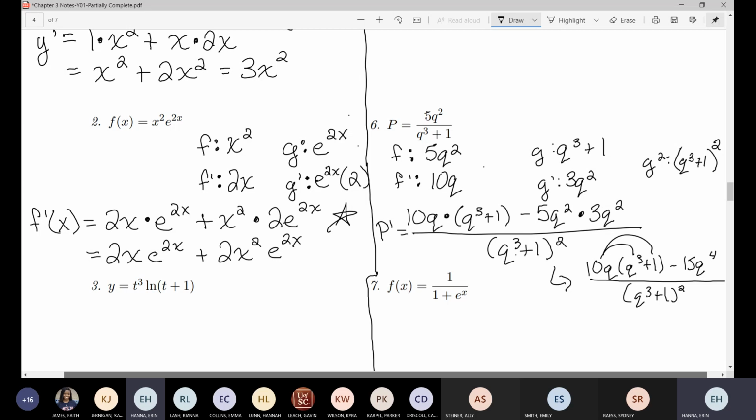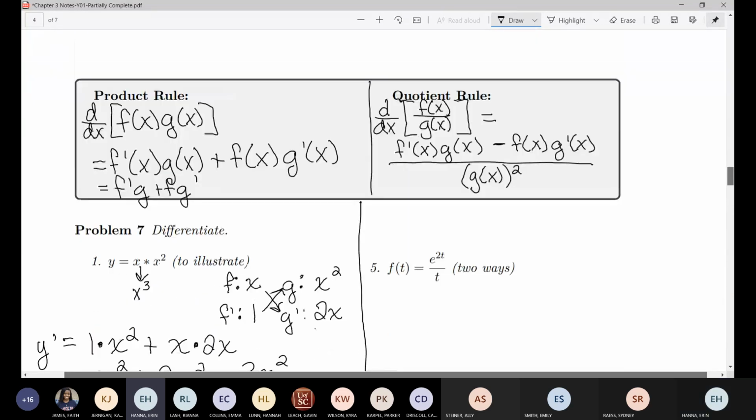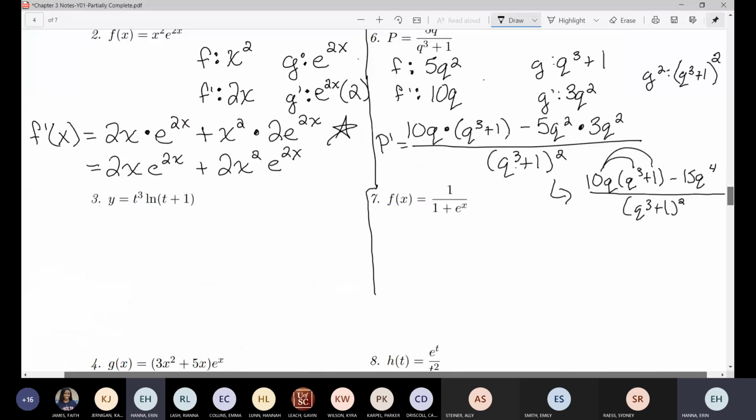Oh, no. So Kira, that's actually a good question though. It's not the second derivative, it's just g squared, and that's because in our rule, we have to take that denominator and square it at the end. So not the second derivative, it's just me squaring the denominator.